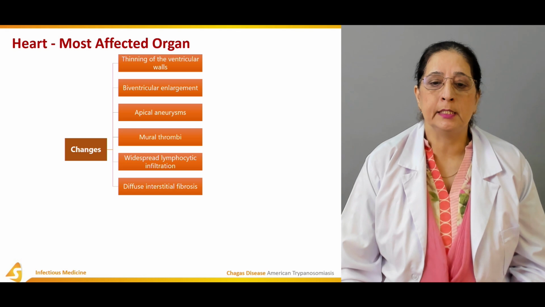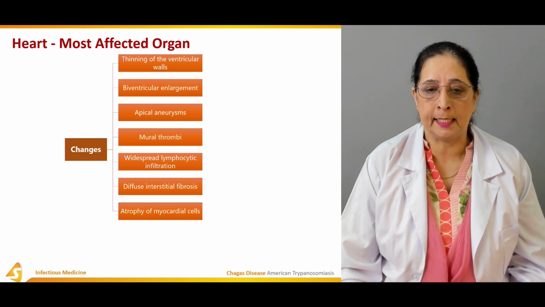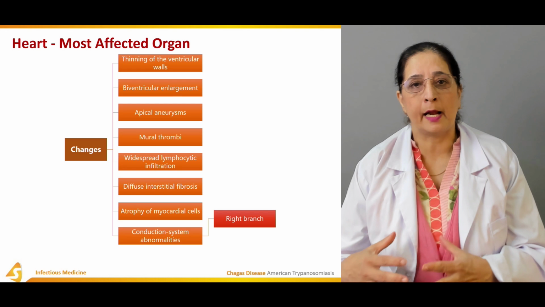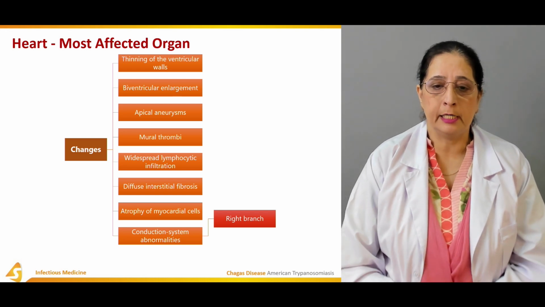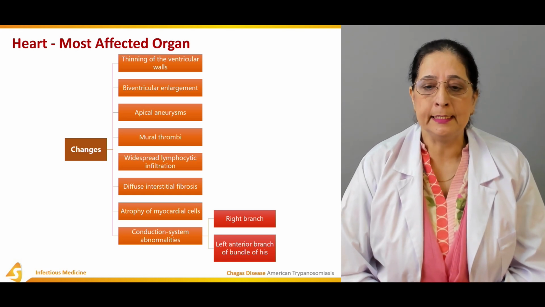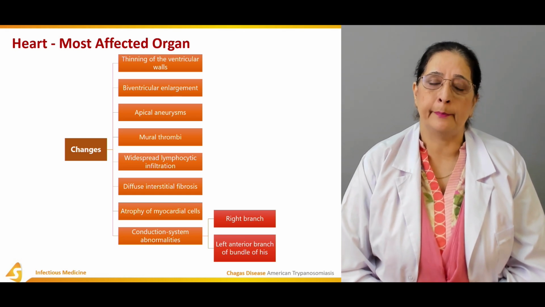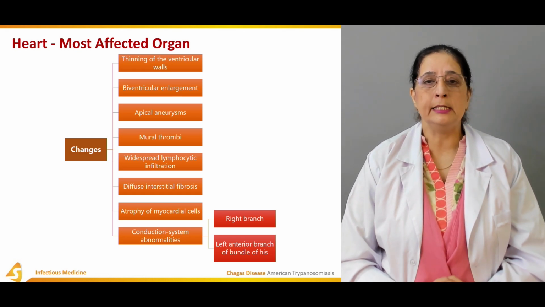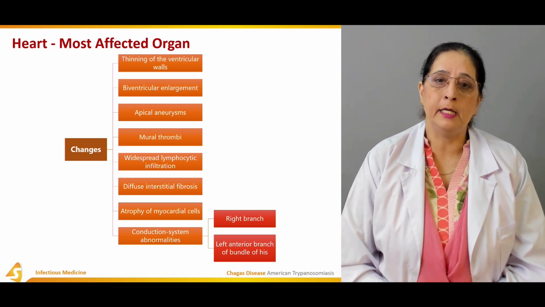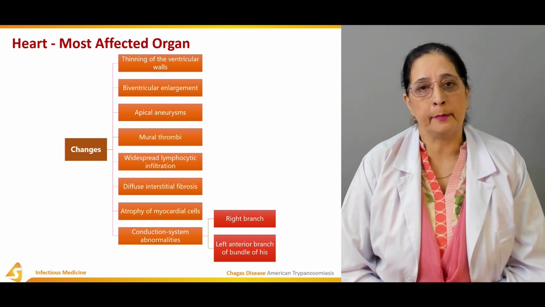Diffuse interstitial fibrosis, atrophy of myocardial cells, conduction system abnormalities like right bundle branch conduction abnormalities, and left anterior branch of bundle of His conduction abnormalities. So all these changes occur in the heart. Heart is very commonly the most affected organ, and it causes serious damage to the heart.